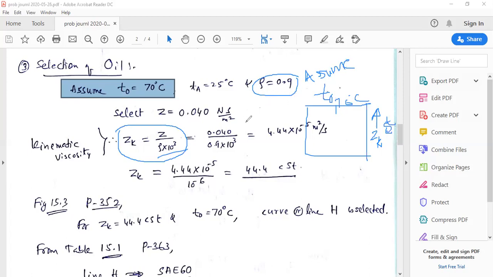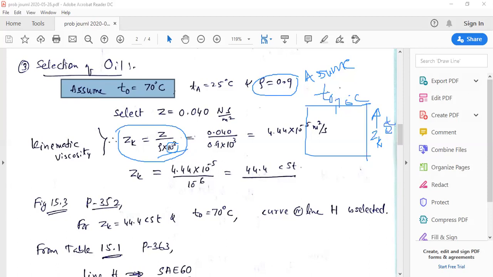If you want to get the mass density, which is to be used in the denominator of that equation, in terms of kg per meter cube or Newton per meter cube, that is 1000. So multiply that specific gravity by 1000. What is specific gravity? Specific gravity is defined as the ratio of the mass density or weight density of the liquid or the fluid to the mass density or weight density of the standard fluid.